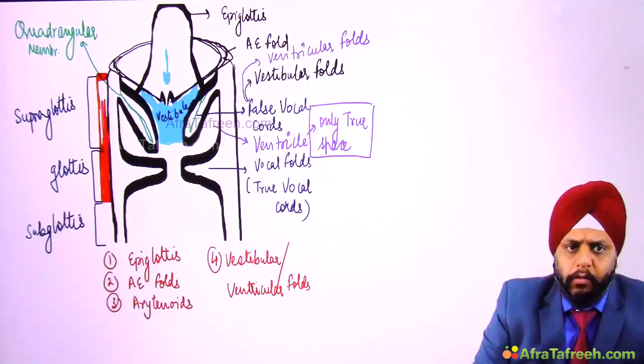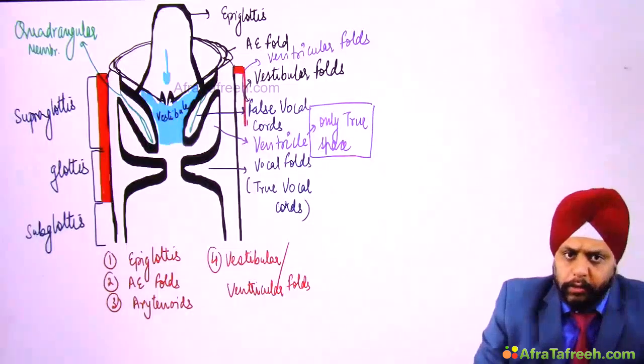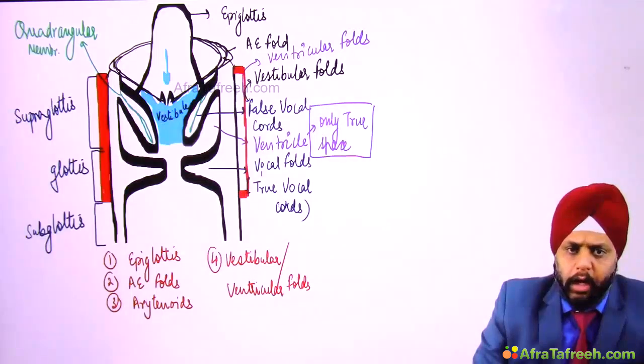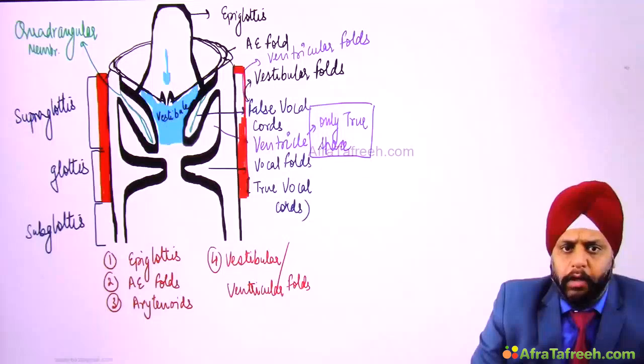Remember, this cartilage is a hyaline cartilage, so it will ossify with old age. And you can see it is covering both the supraglottis and the glottis.